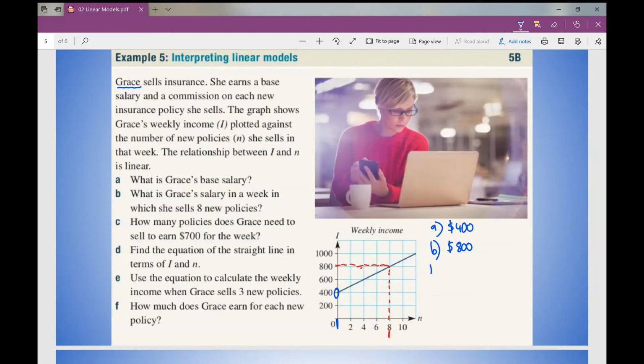Part C, how many policies does she need to sell in a week to earn $700? Well, we start here at $700. We come across and down, and it looks like it lands on 6. So she needs to sell 6 policies in a week to get $700.